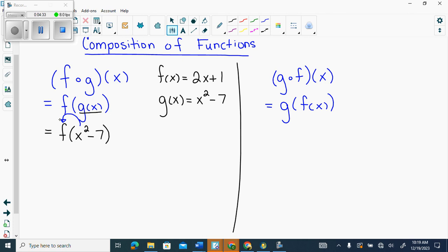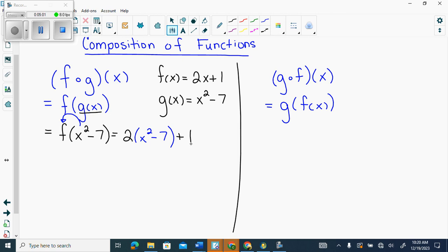So now I'm going to get 2, replace the x, plus 1. Right? So I'm going to get 2. What's my x going to be? X squared minus 7. And then what? Plus 1. Is that crazy? No. I'm just taking x, instead of replacing it with a 3, right, which is what we were doing for the last 2 days, I'm now just replacing it with g, whatever the heck g is.